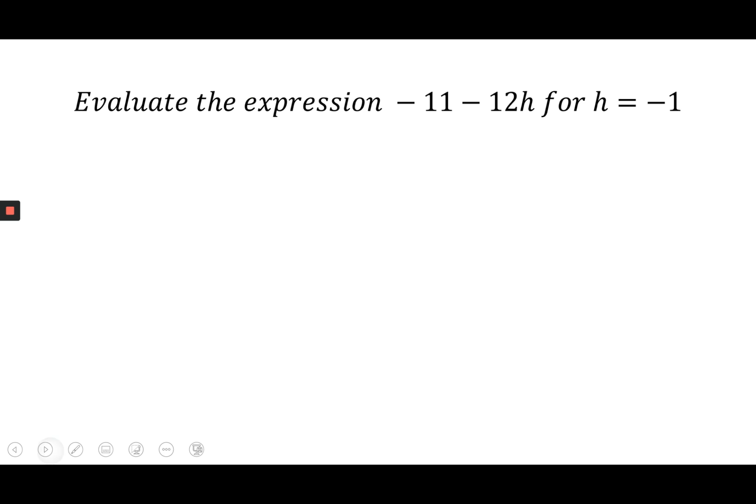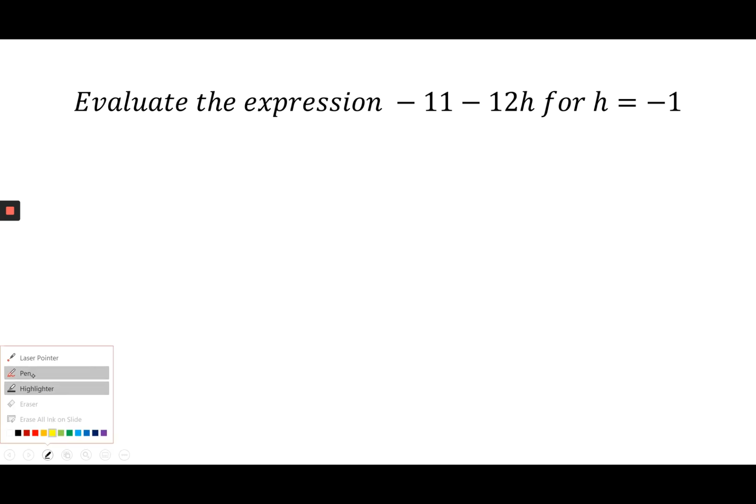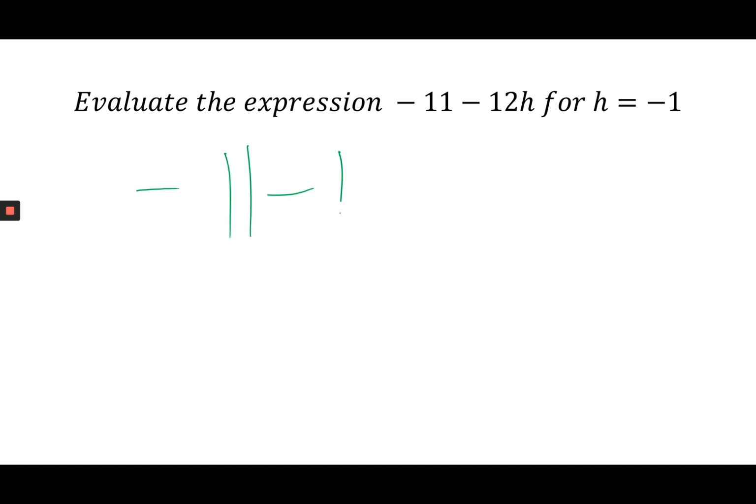Next one. Another evaluation problem. Negative 11 minus 12h, and h is going to be negative 1. And there is a secret multiplication here. We just need to multiply this. We need to start from here.